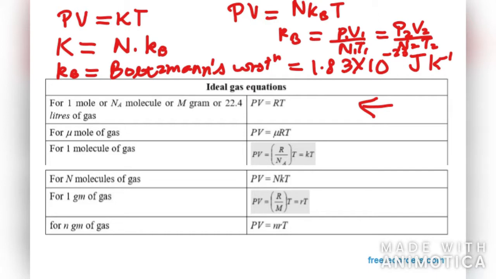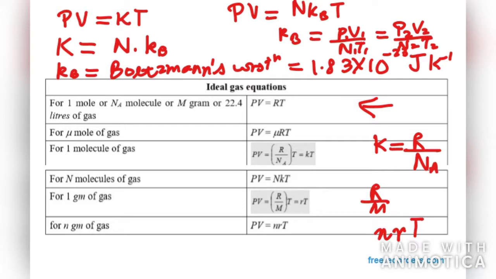For 1 molecule of gas, we have PV equal to R over NA times T, or you can write k equals R over NA. So that's how you derive this. For n molecules of gas, you need to put nkT. For 1 gram of mass, you need to take R over M. And for n gram of mass, you just need to multiply it with n, giving nRT. So that's about the ideal gas equation.